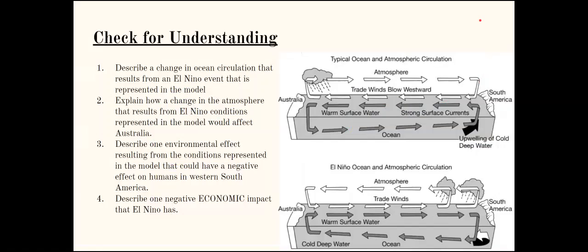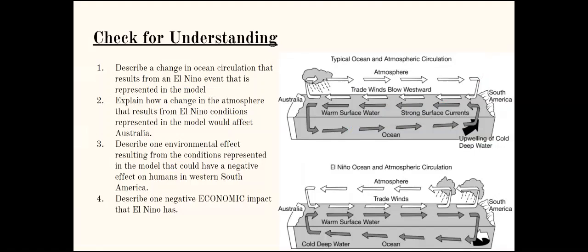Now, to check for your understanding of this, we're going to be doing a free response question that has multiple parts. You're going to be using the image shown here, which shows you normal ocean circulation and then El Nino circulation. For question 1, describe a change in ocean circulation that results from an El Nino event that is represented in the model.